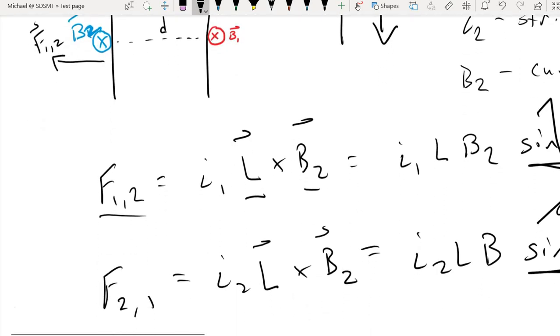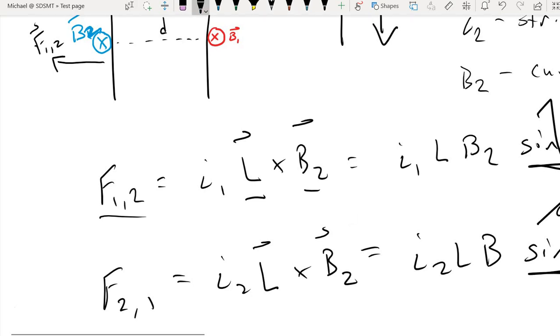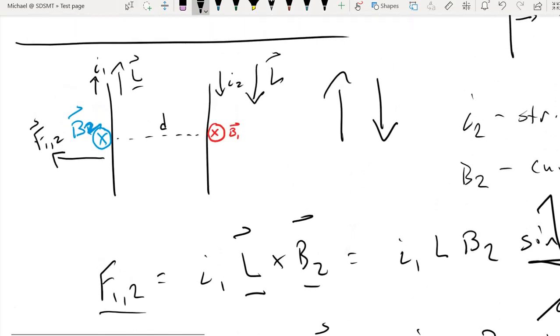For force 2-1, and this is important now, since we've changed the direction of I2, we had to change the direction of L. So our L vector now has to point down. And our L vector is the first vector, so that is the index finger, so we have to point our index finger down. And careful not to hurt yourself, but we need to point our middle finger into the board.